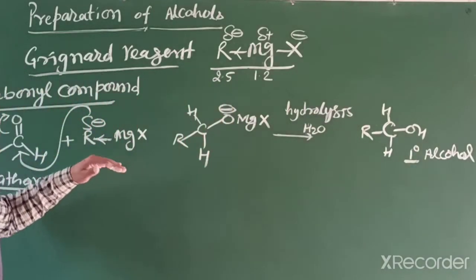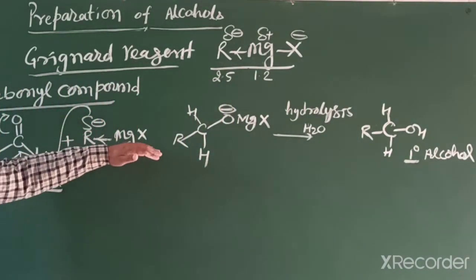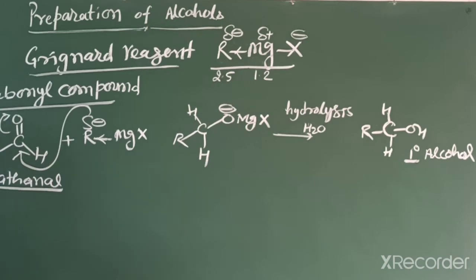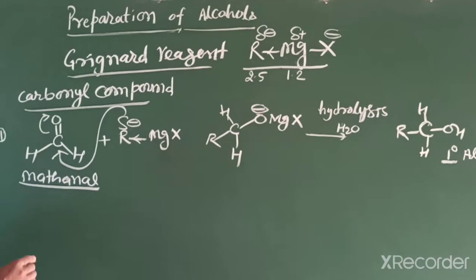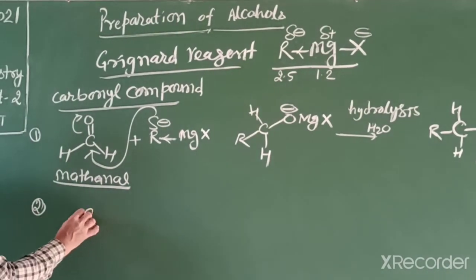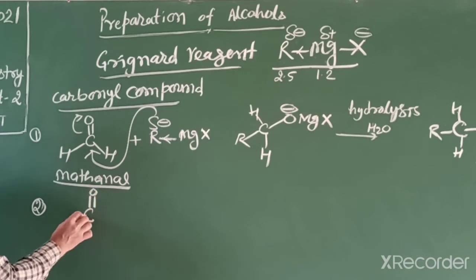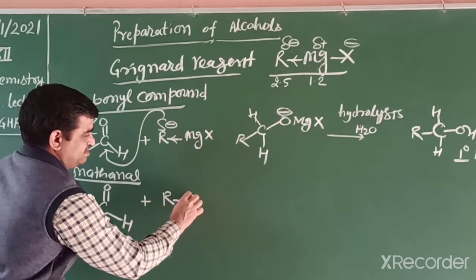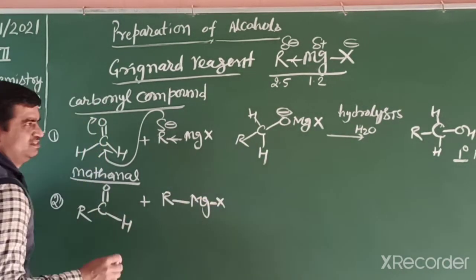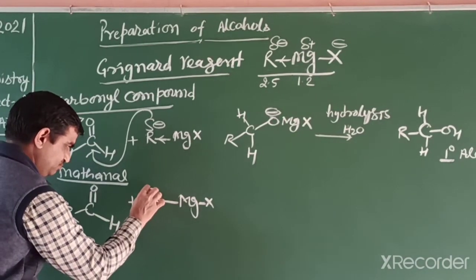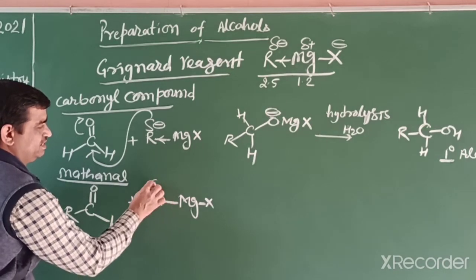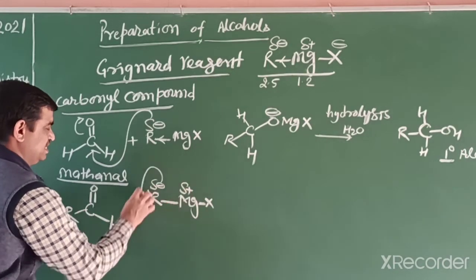When formaldehyde, or we can say methanal, reacts with Grignard reagent, we can prepare a 1 degree or primary alcohol. This is one method. If we take any aldehyde other than formaldehyde, like RCHO, and a Grignard reagent RMgX, with a dash to differentiate R dash, then what happens? It is again negatively charged and attacks.